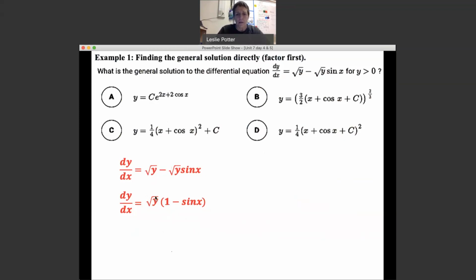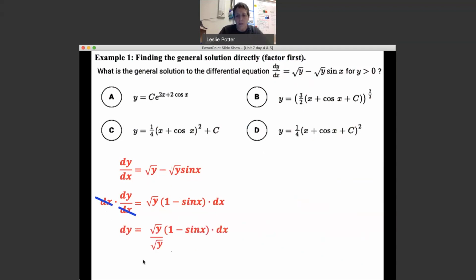In this case, I'm going to divide by root y, and I'm going to multiply by dx. So dividing by root y, do that to both sides, 1 over root y. Multiply by dx, so times dx. Okay, so there's my times dx. Those cancel. I get this.